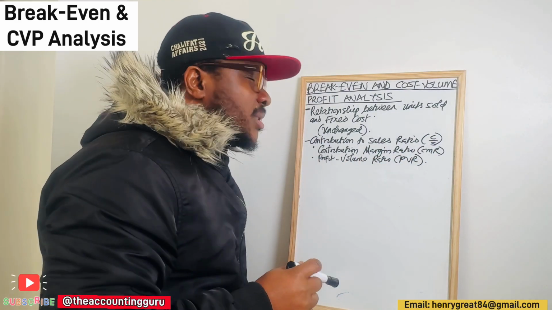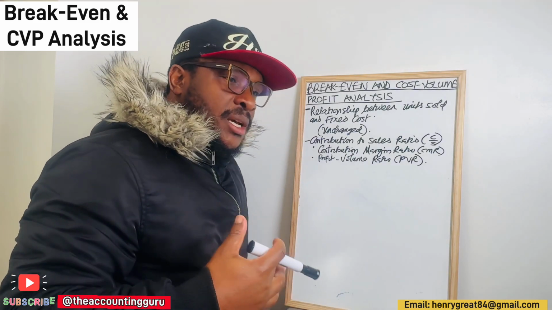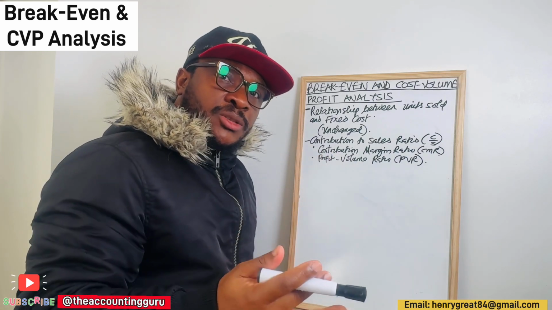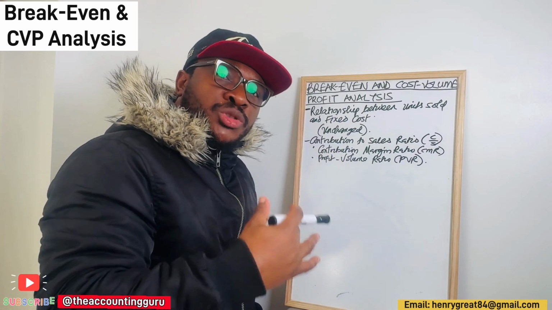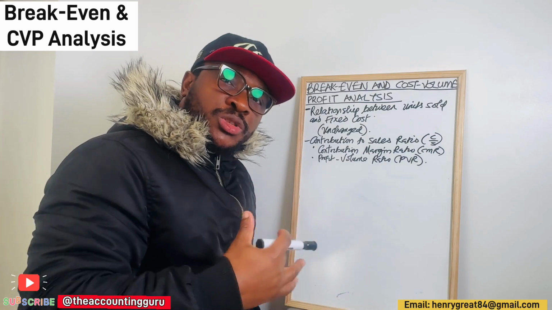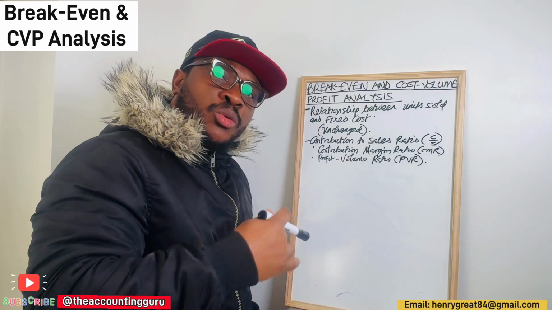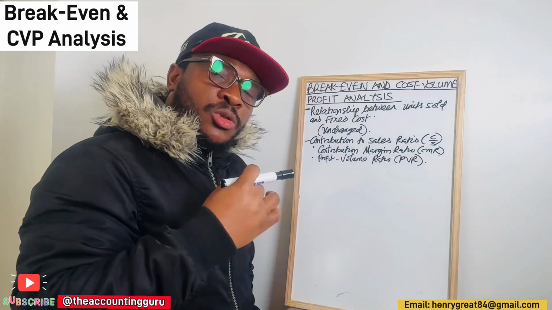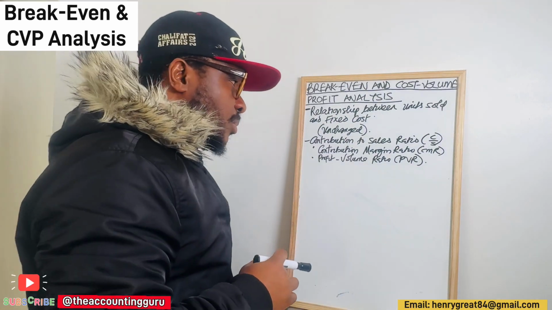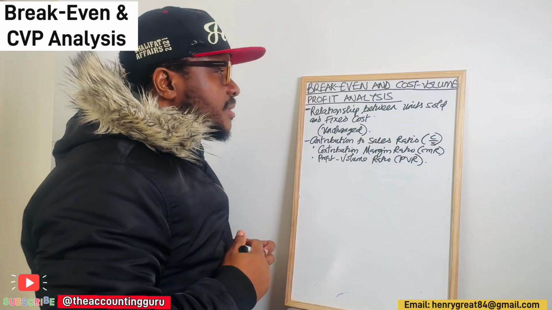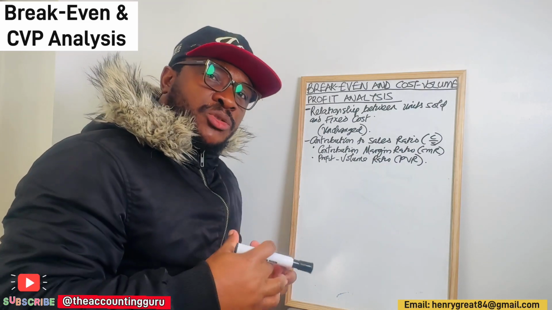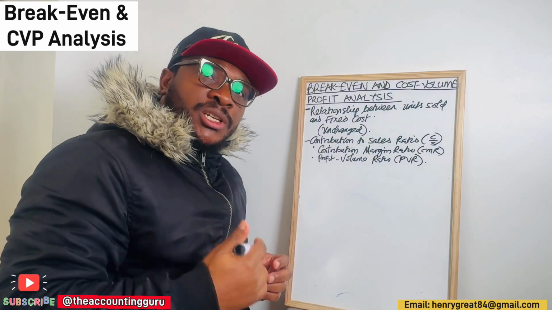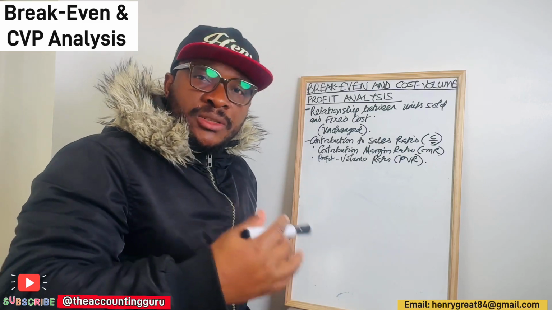All right, so what is this ratio saying? It is a function of contribution and sales. Like I said earlier, contribution is a function of sales. The more we sell, the more contribution is earned. So CMR is not expected to change at any activity level. It is not expected to change irrespective of the sales level.